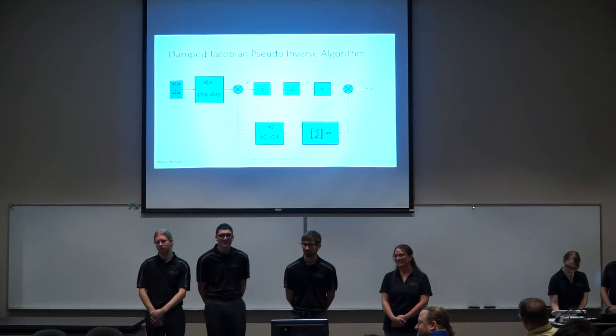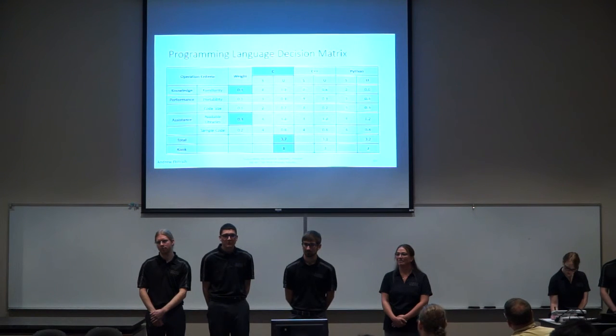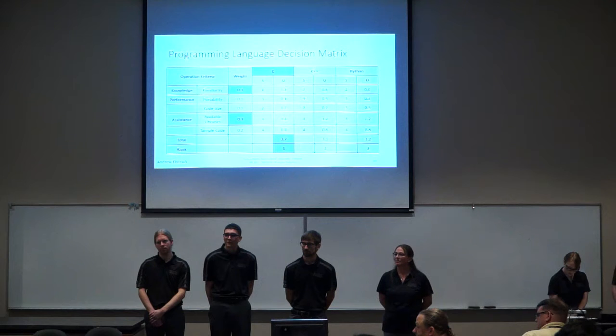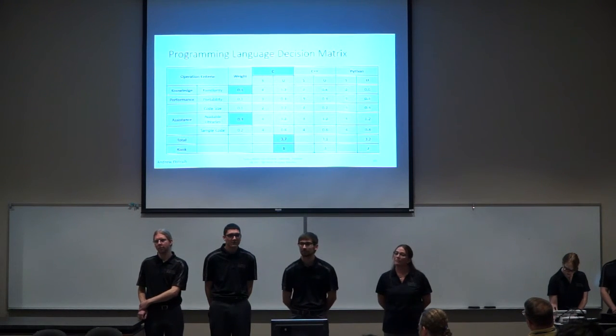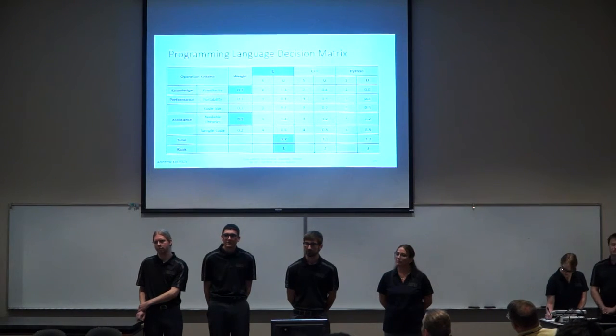And then there was one, I think slide 105, where you had a decision matrix and you went with something else. Correct. I just point out that it seems like there's something wrong with your decision matrix. Your weights, if familiarity is what you care about the most, then the weight should be higher.